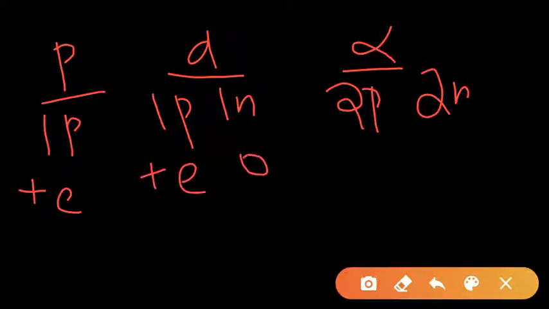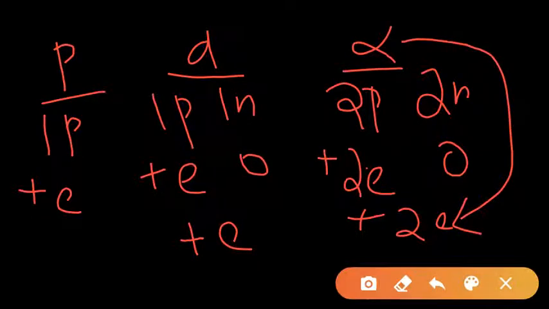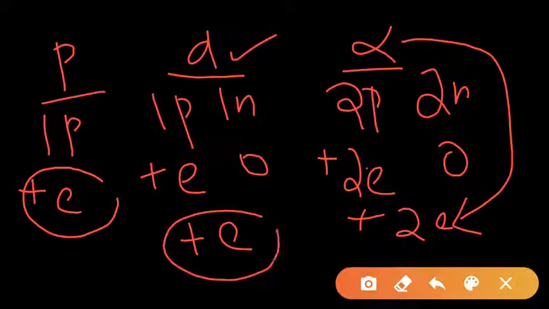Charge of neutron is 0. Therefore, total charge is plus e. Here, charge of two protons is plus 2e. Charge of neutron is 0. Therefore, total charge of alpha particle is plus 2e. Therefore, charge of proton is plus e, charge of deuteron is plus e, charge of alpha particle is plus 2e.